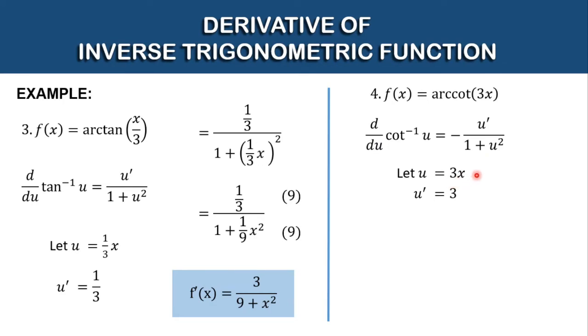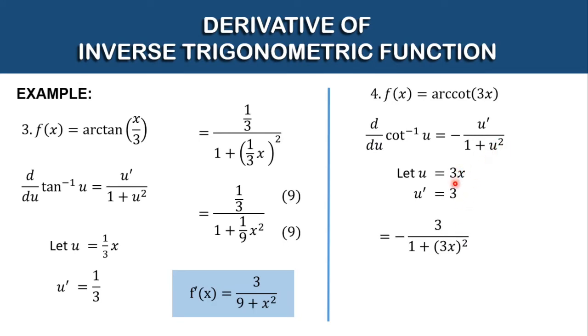After having these two values, substitute na natin sila dito sa ating formula. So yung u prime natin is 3, yung u natin is 3x. So by substitution, we have negative 3. So yun yung u prime natin nasa numerator. Over 1 plus u squared.